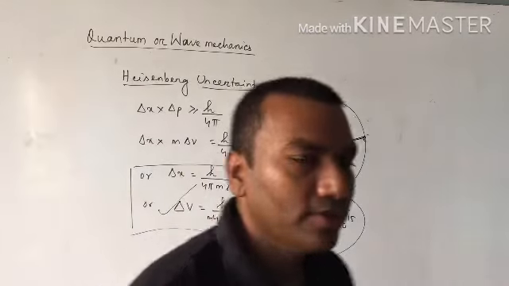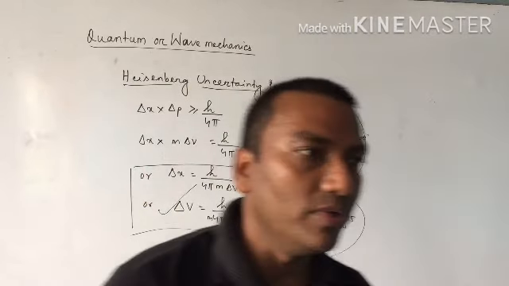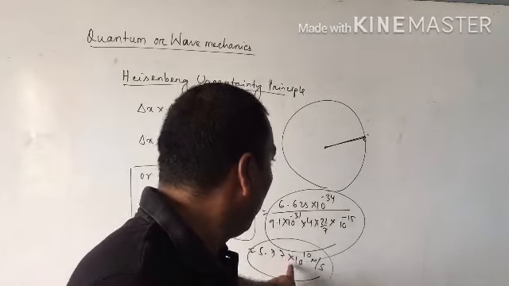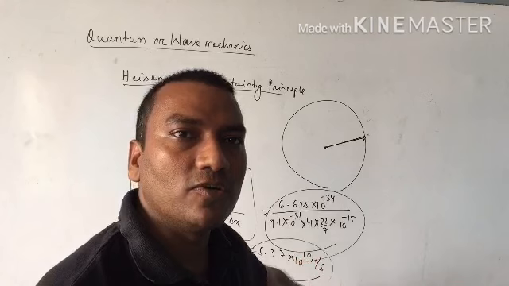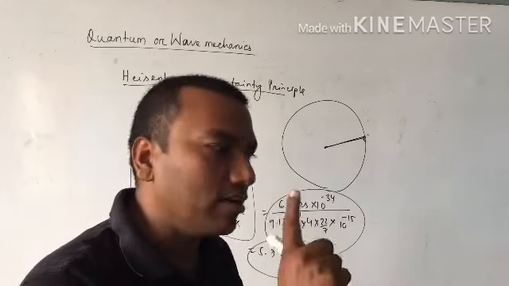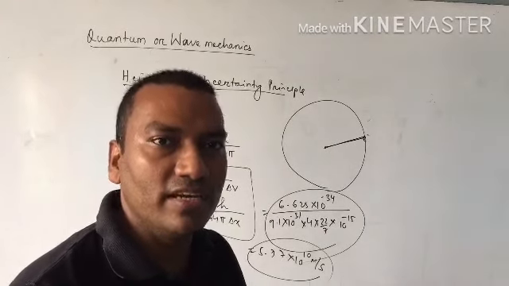Is this value greater than the speed of light? We know nobody can move with the speed of light. So when the electron is present inside the nucleus, its velocity comes out greater than the speed of light, which is not possible. So by the contradiction method, the electron is not present inside the nucleus.